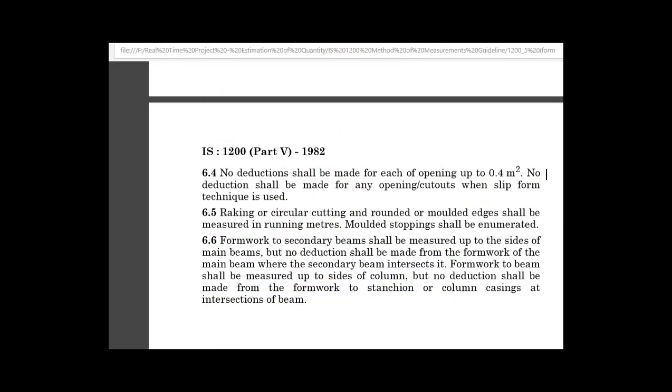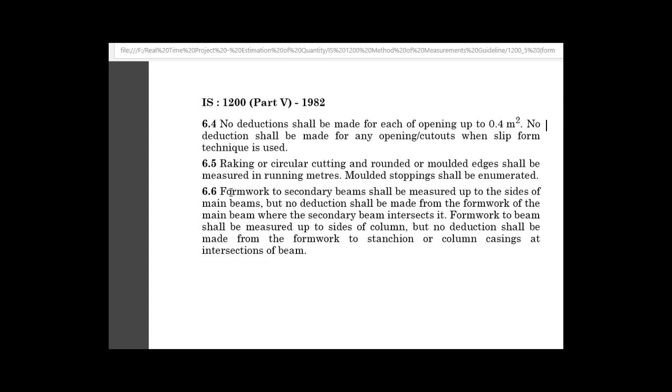So here I have opened IS 1200 part 5, which tells us about the formwork or shuttering. In that, clause number 6.6 says formwork to secondary beam shall be measured up to the sides of main beams, but no deduction shall be made from the formwork of the main beam where the secondary beam intersects it.